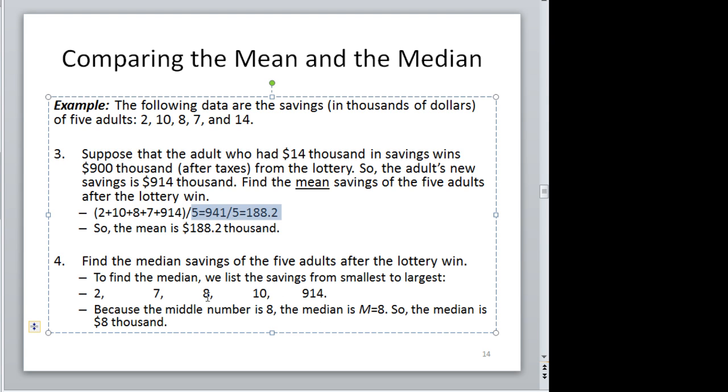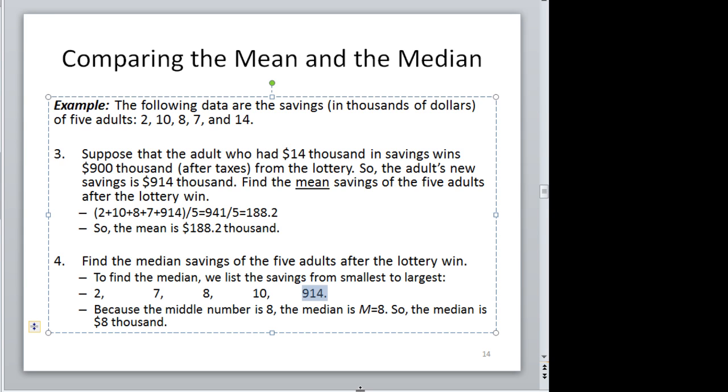Well, it depends what you want and how you interpret this, but because this is such an unusual case, this 914,000, I would rather prefer the median value to represent this entire data set.